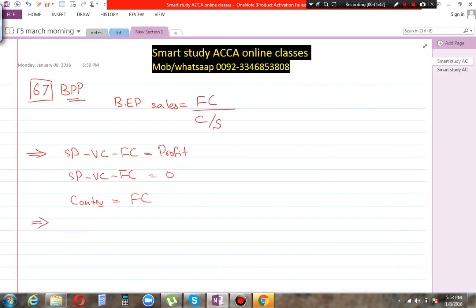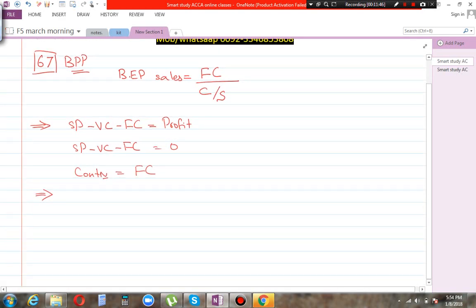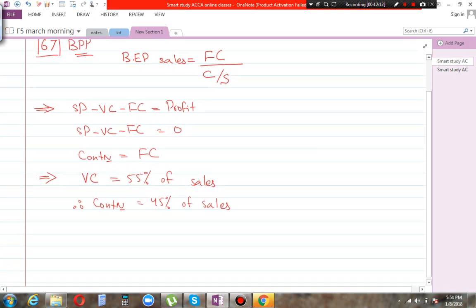So variable cost is equal to 55% of sales. Therefore, contribution is equal to 45% of sales.